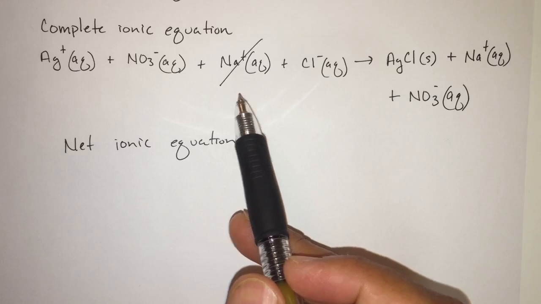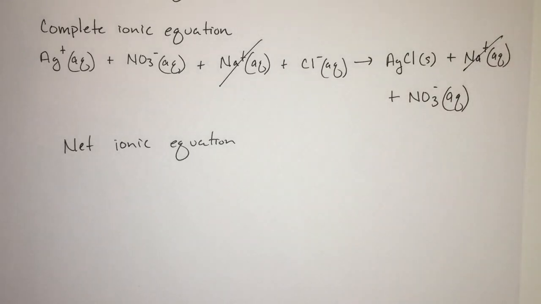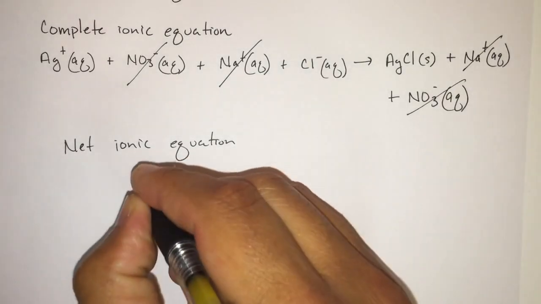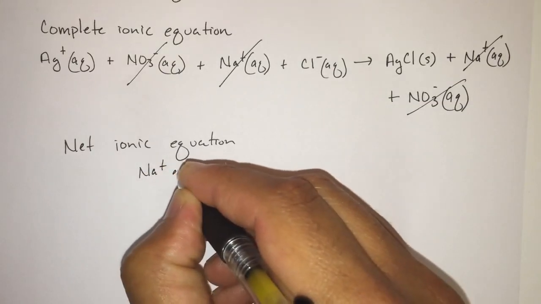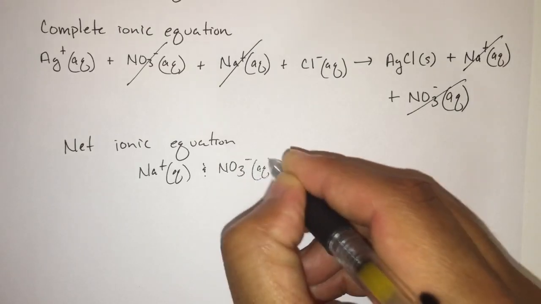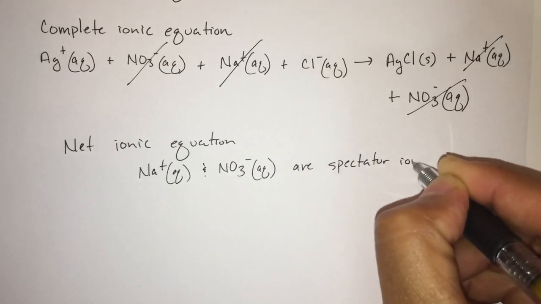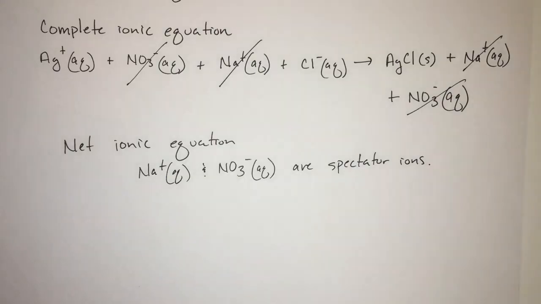Notice that in the end, after everything has mixed, we still have sodium aqueous. You also see the nitrate. It's aqueous at the beginning, and then after the solutions have mixed, the nitrate is still aqueous. So the sodium and the nitrate don't do anything. Those are called spectator ions, because they don't do anything.